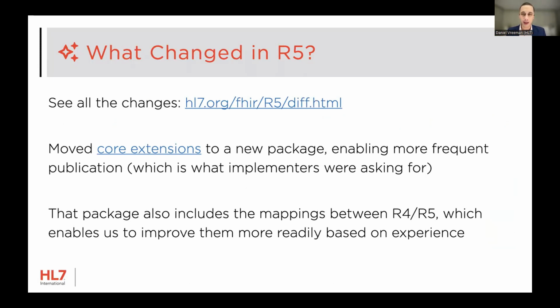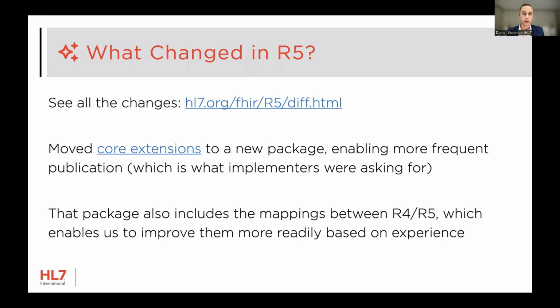You can go to the differential page that's listed here as a URL. There's also a feature that changed whereby we removed or moved out the core extensions that were part of the base specification into a separate package that's still intimately connected, but is maintained separately, which gives us a technique for advancing that more frequently than we publish new versions of the core specification.